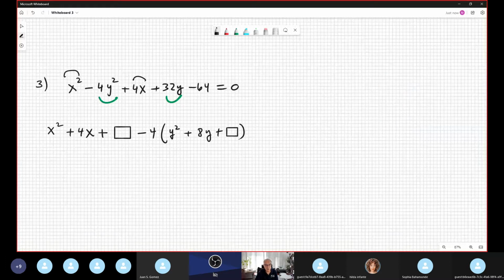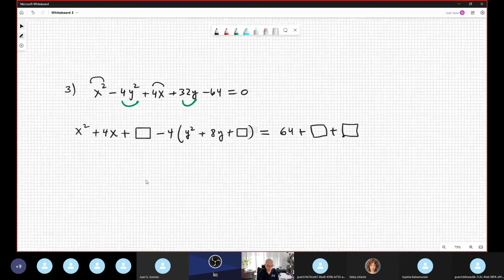And what about 64, Professor? I move it to the right-hand side and 2 boxes. This is the organization of the arithmetic sequence. But I need help now. In your opinion, what is the magic number here in this box? Question mark.